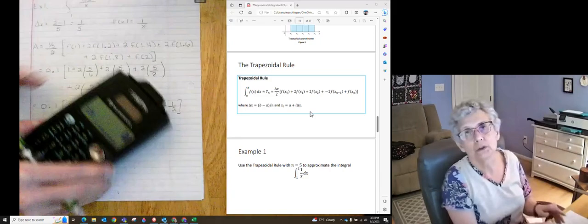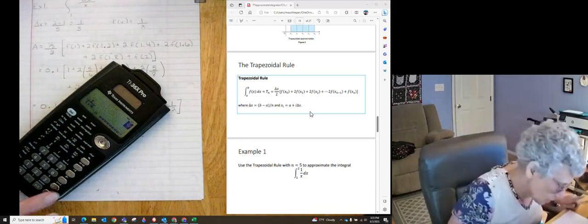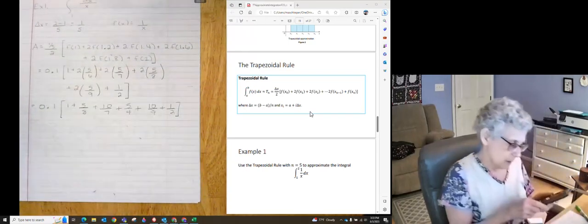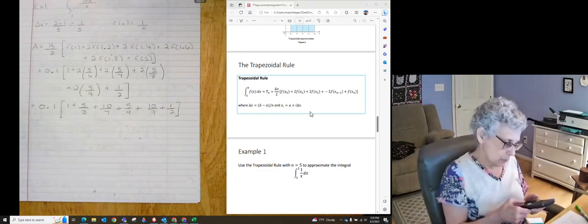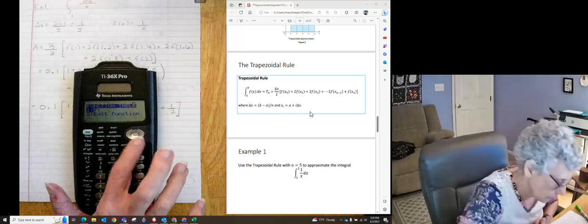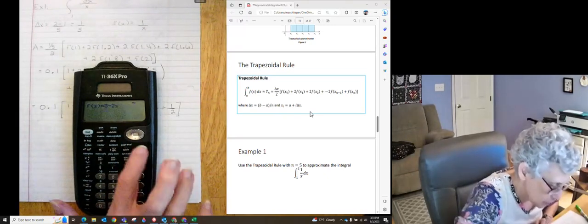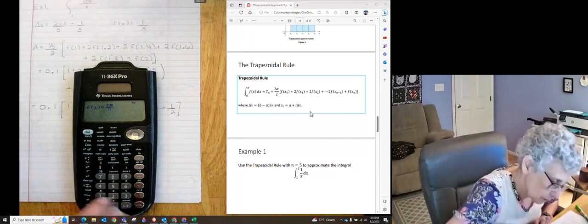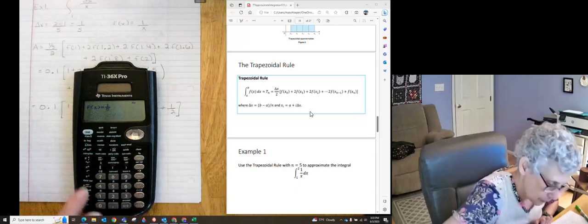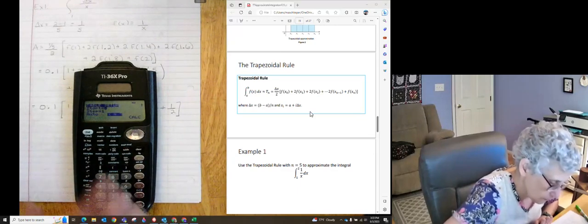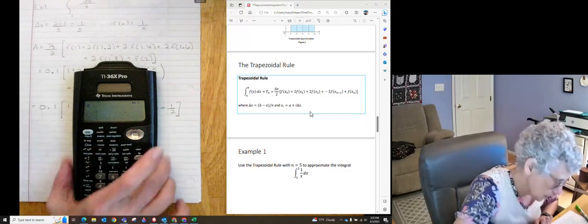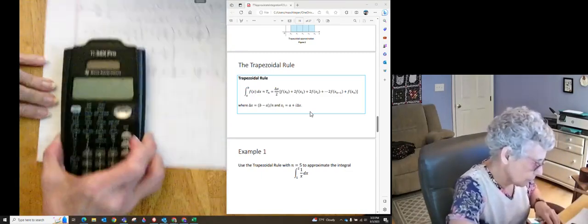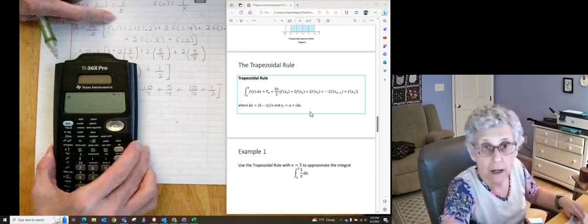Now, you could use your calculator and clear the old stuff and use your table. So you could go in, edit your function, clear out that old function, and put 1 over x. Quit. And then we could type this in directly.